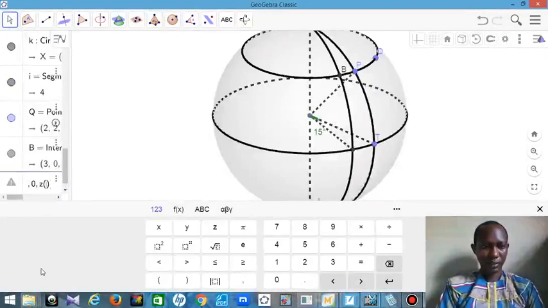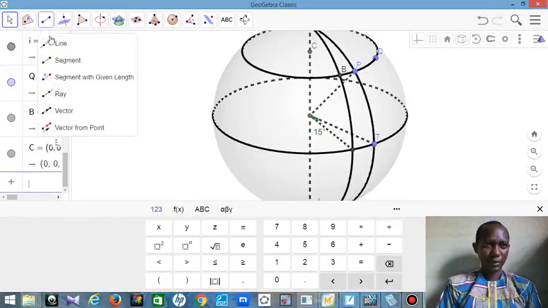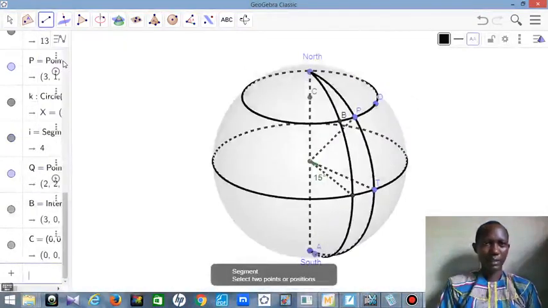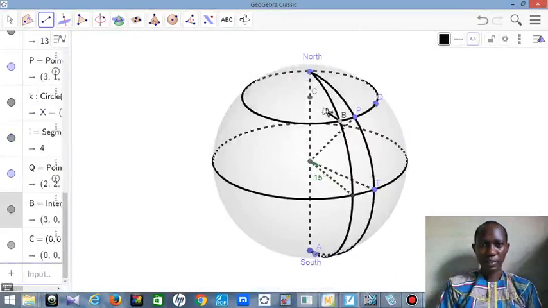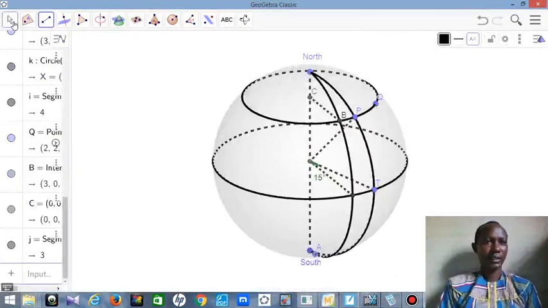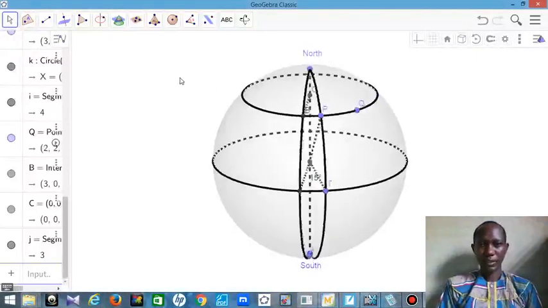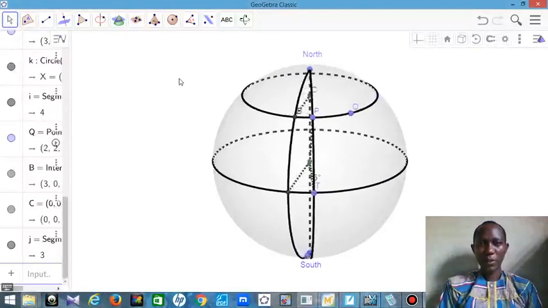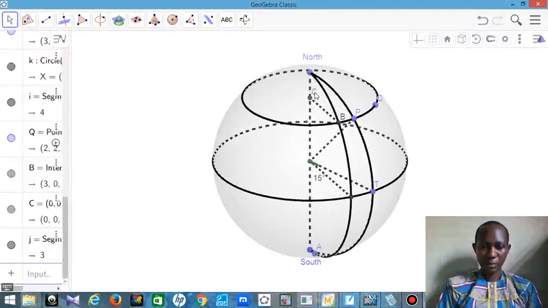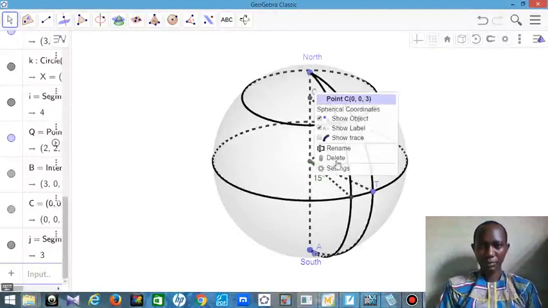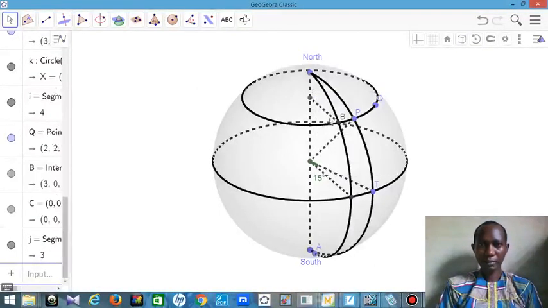So if I put my line there, this to this, you can see it. So you can see the mark. Let me hide B and C. I don't need them. Let's hide them.